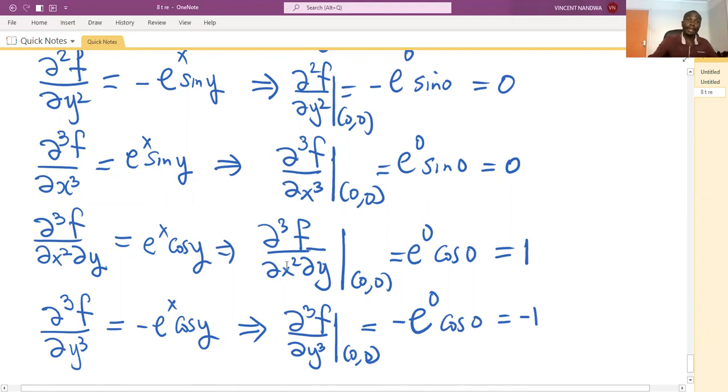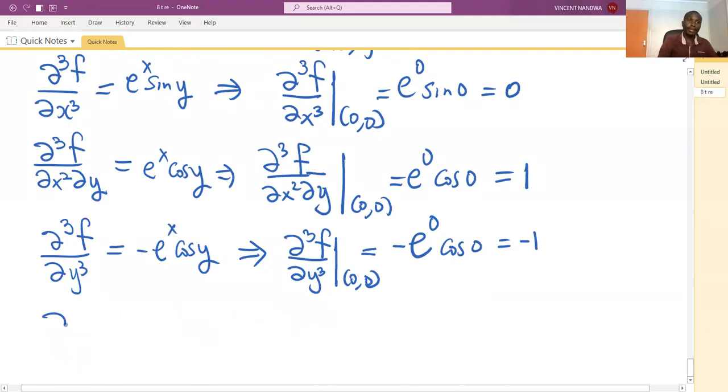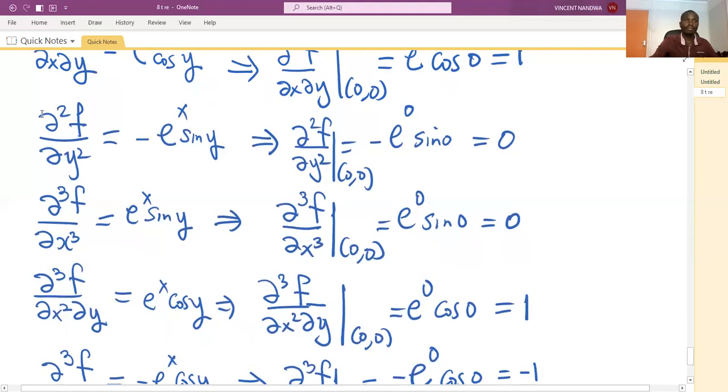And then lastly, partial cubed f partial x, partial y squared. That means this second derivative of f with respect to y, you differentiate now with respect to x.